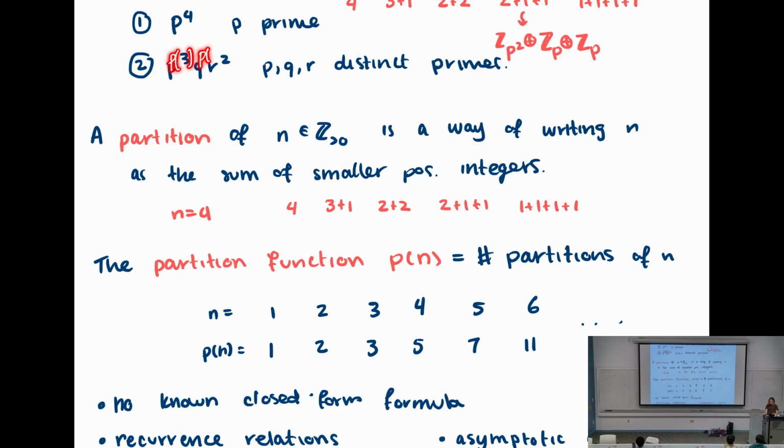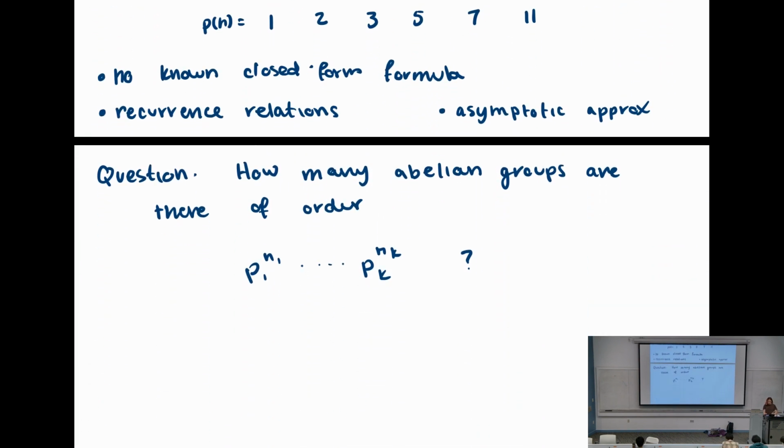So P3, P1, P2 would tell you the number of these. So this is given by P of N1 multiplied up to P of NK.